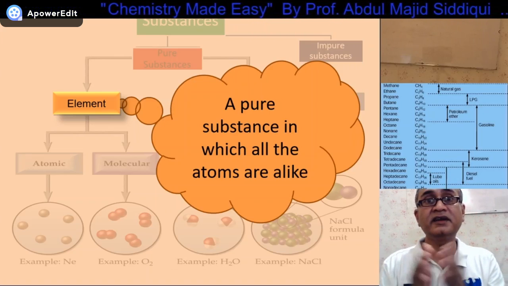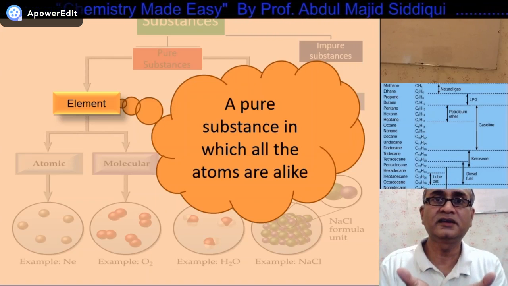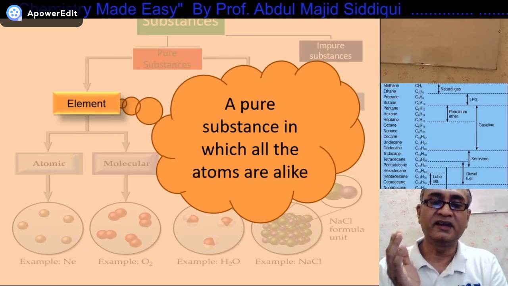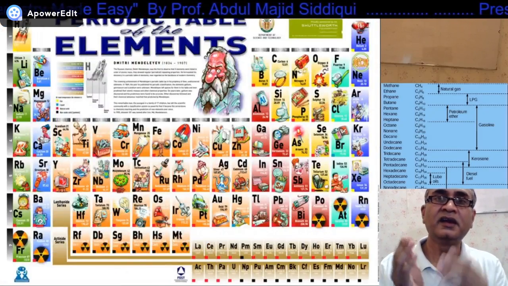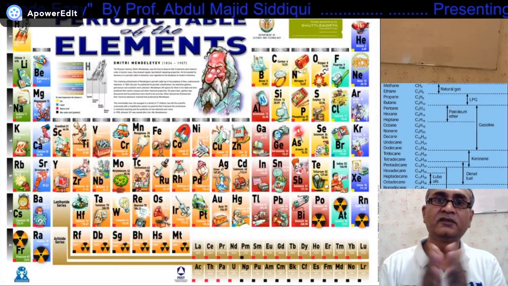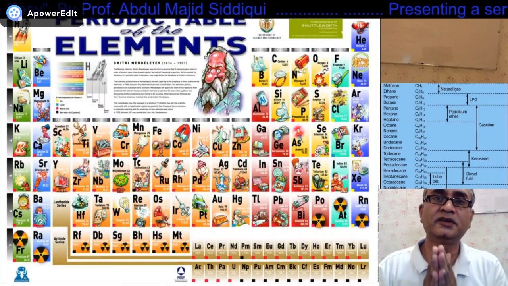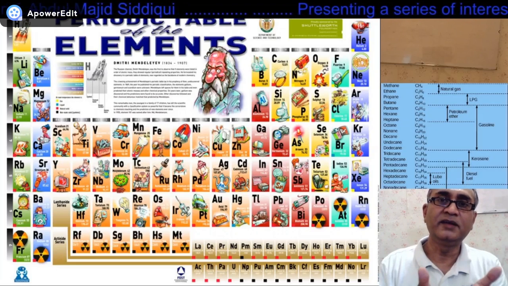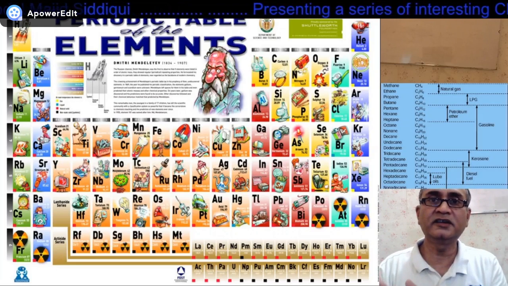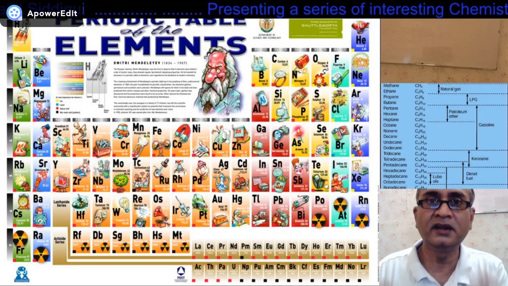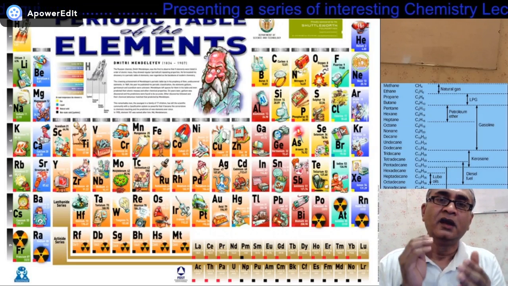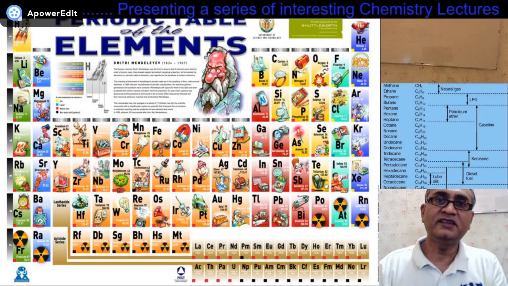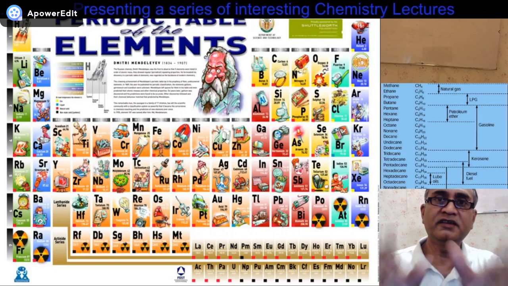So how many kinds of elements are there? There are 118 kinds of elements, which are arranged in a table called the periodic table. Out of these 118 elements, some are solids, some are gases, some are liquids. Now, each and everything is composed of these 118 elements.